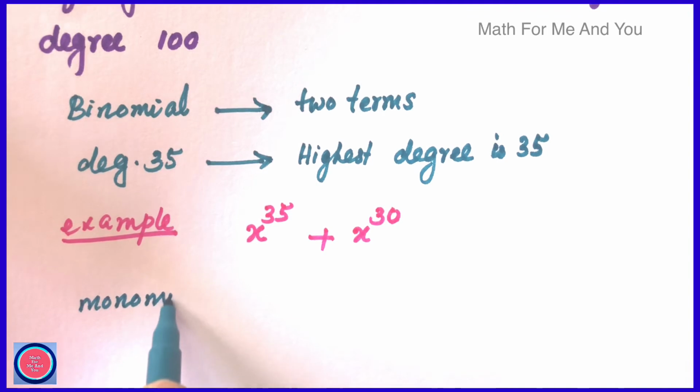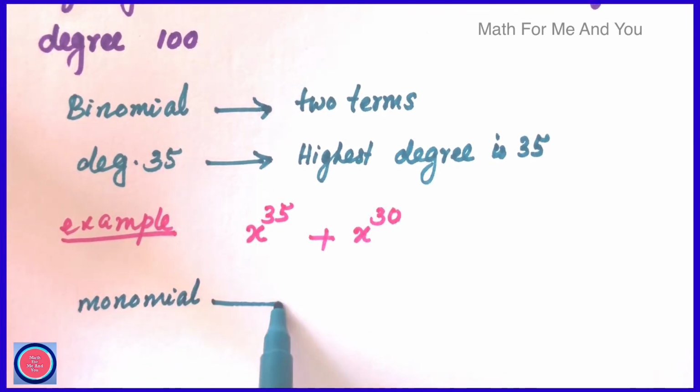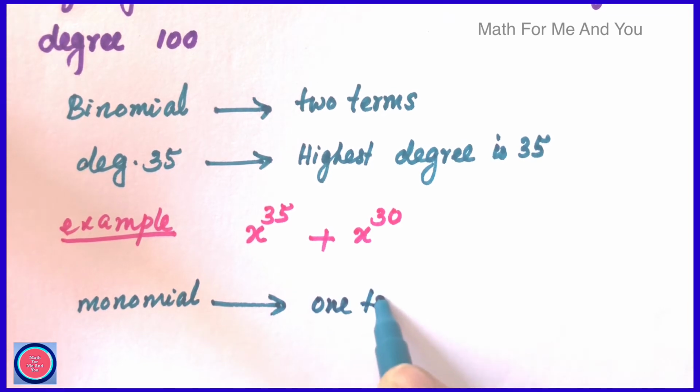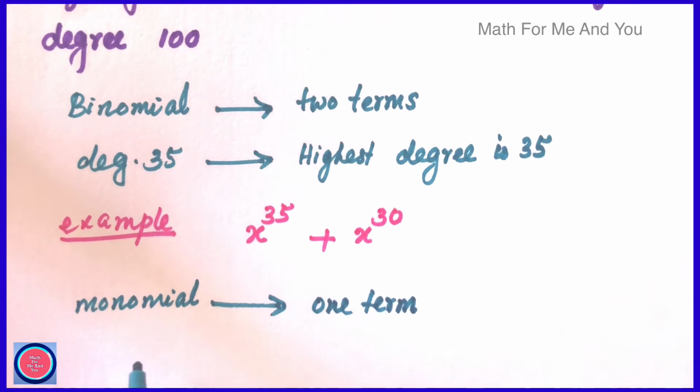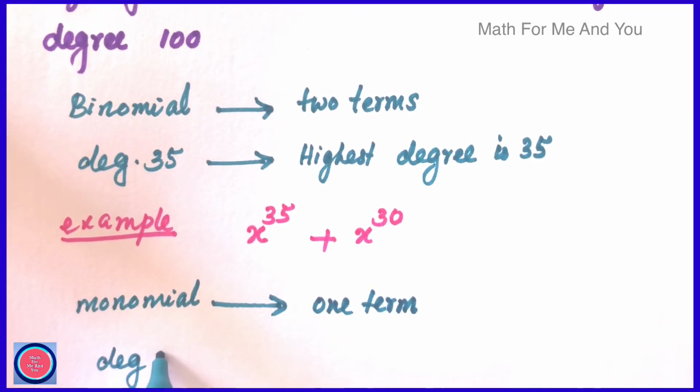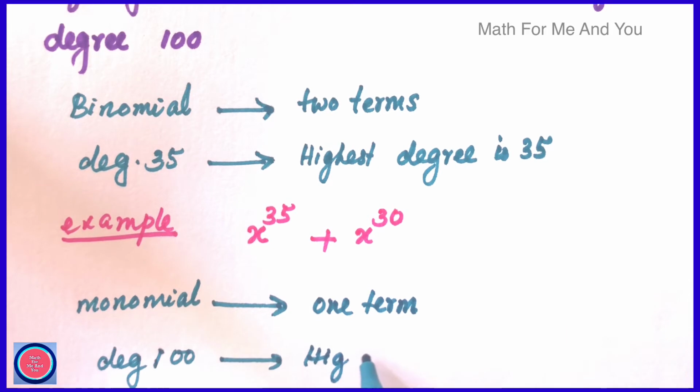Now we are going to write the example for a monomial. What is a monomial? A monomial is a polynomial with only 1 term. You can write with any variable. In this example, we have to write a monomial with the degree 100. That means the term with the highest power 100.